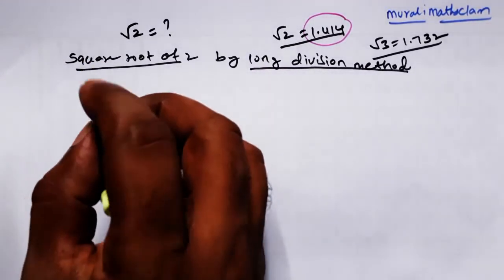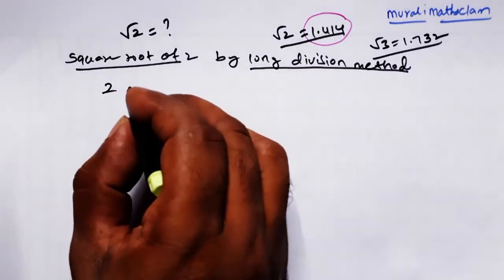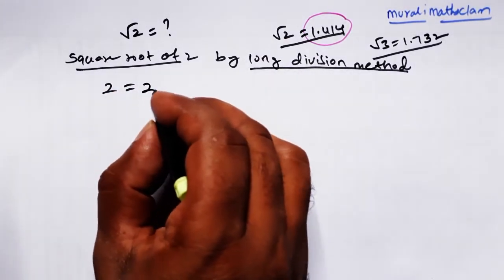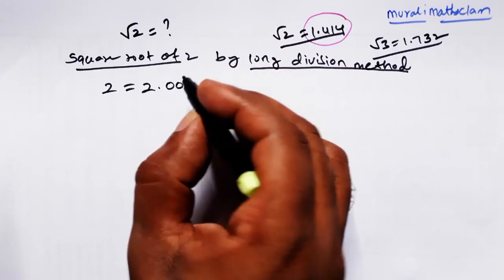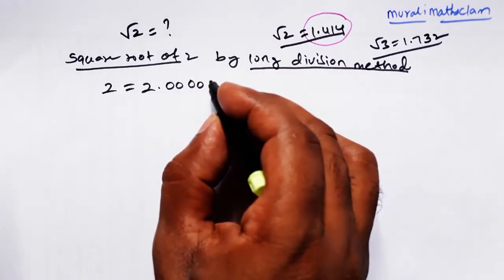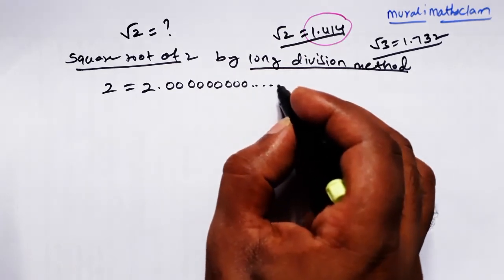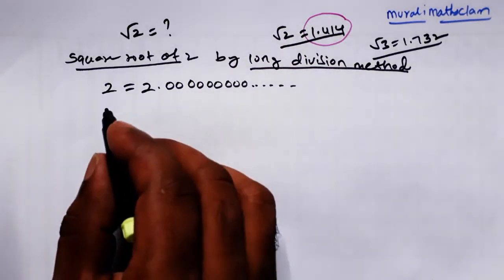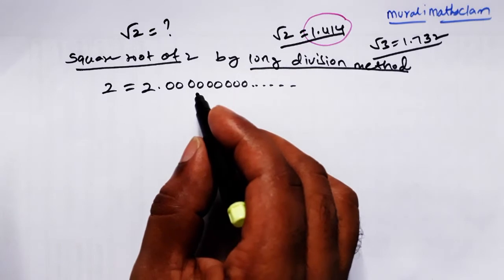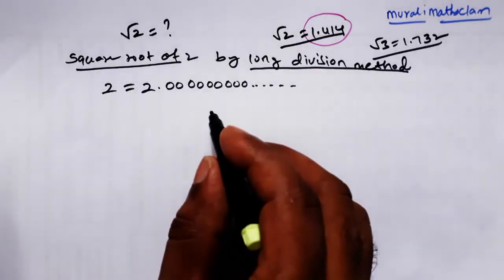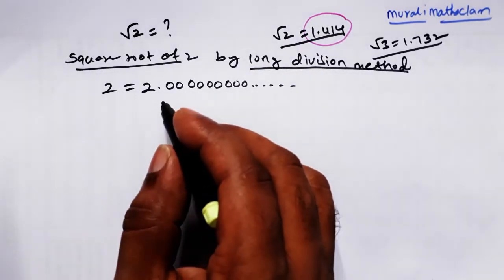Now observe here, 2 is equal to 2.00000000 and so on. You can write this 2 like this.